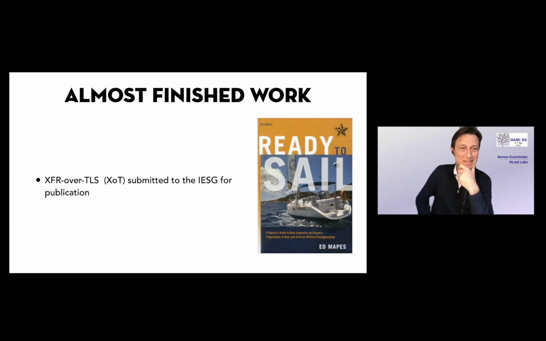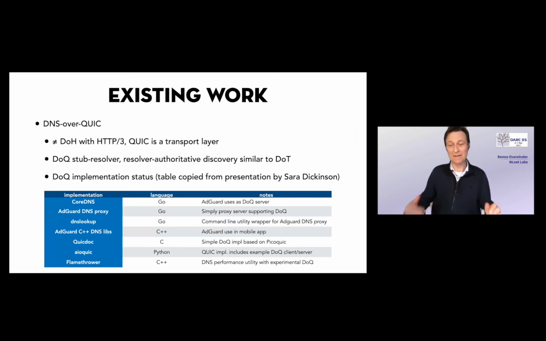This has also been presented: zone transfers over TLS. It's submitted to the IESG for publication. Other work I find very interesting here in the DPRIVE working group is DNS over QUIC. Again, this is not the same as DoH with HTTP/3. Here it's QUIC, the transport layer, so you don't have the HTTP headers and cookies.